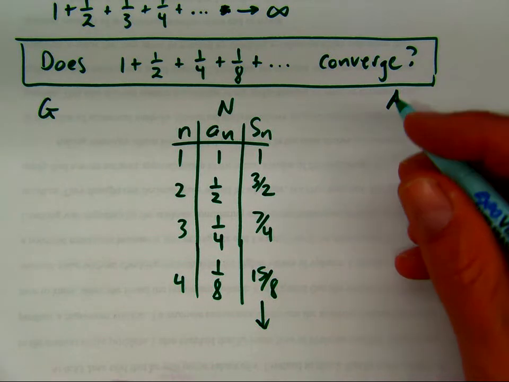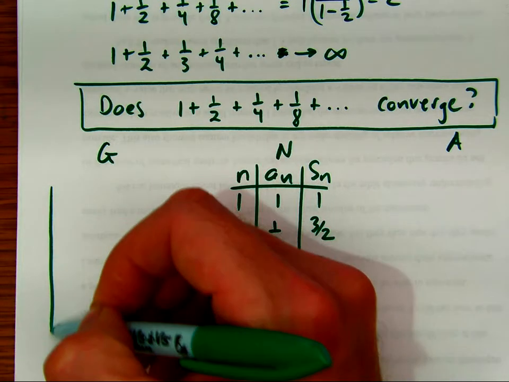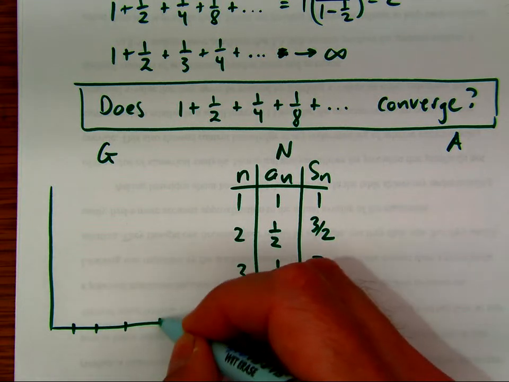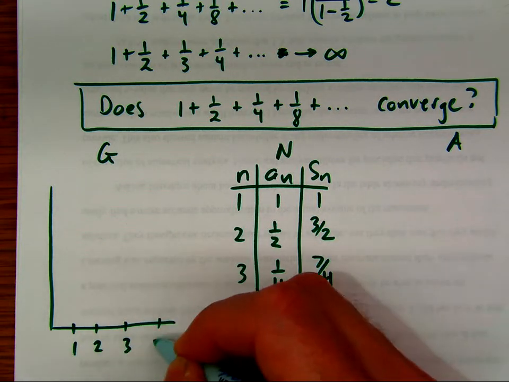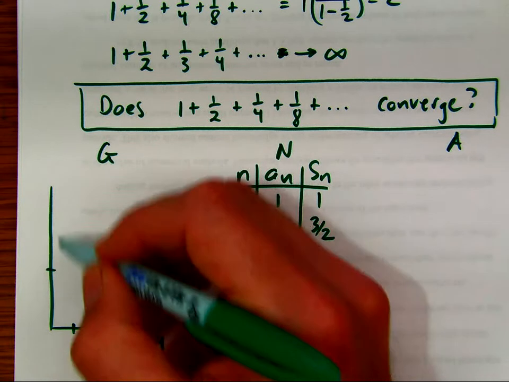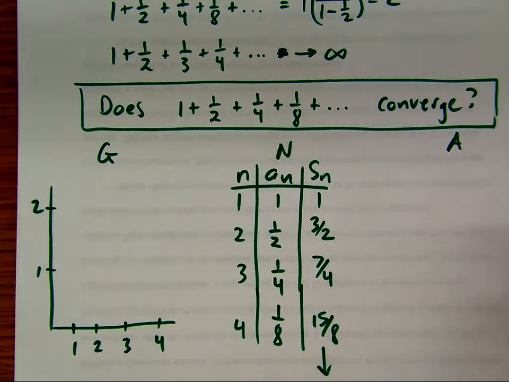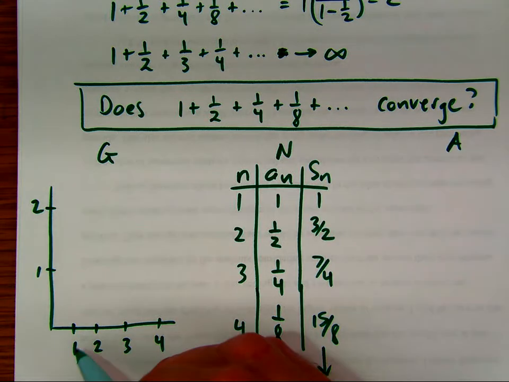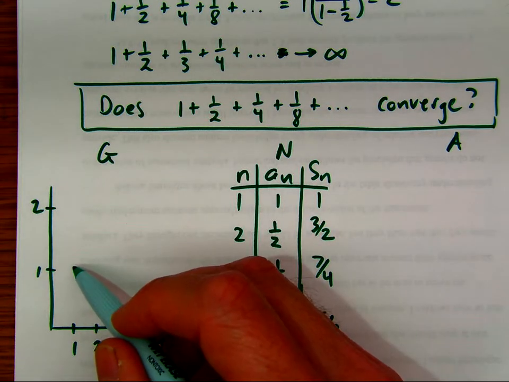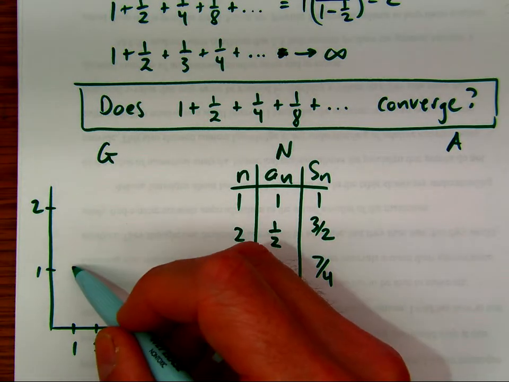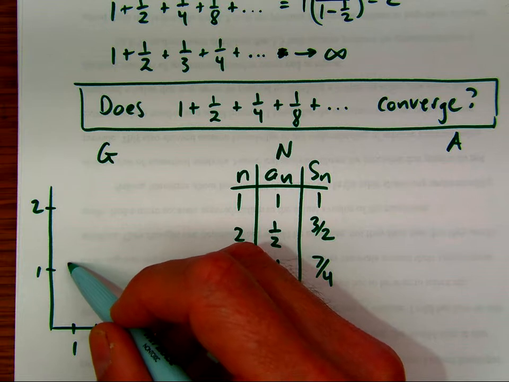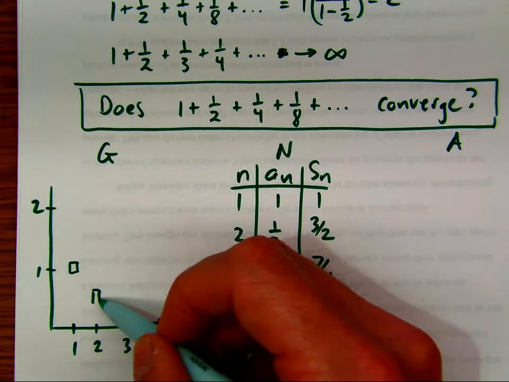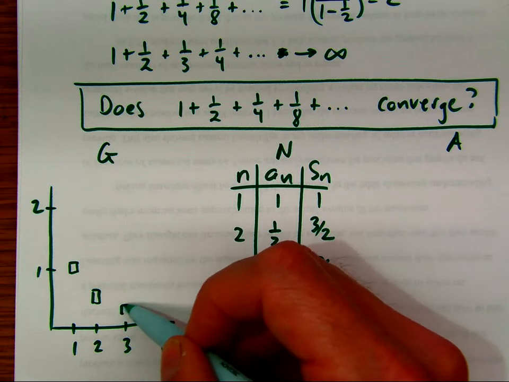So if we look at a graph, we can graph the sequence at 1, 1, and let's put the sequence as a square. At 2, we go to a half. 3, we go to a fourth.